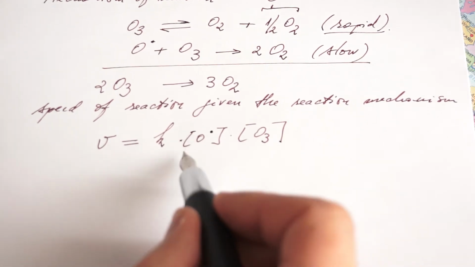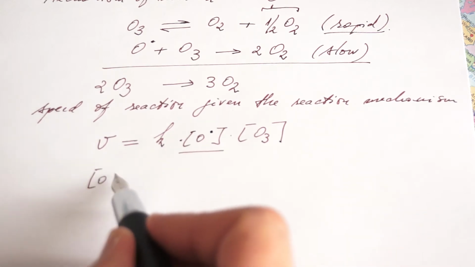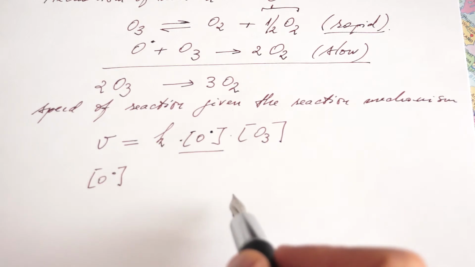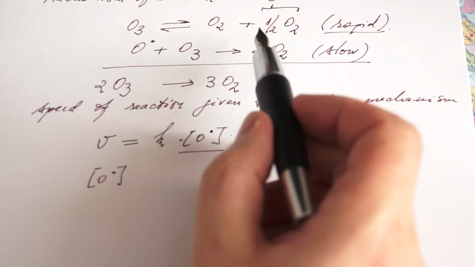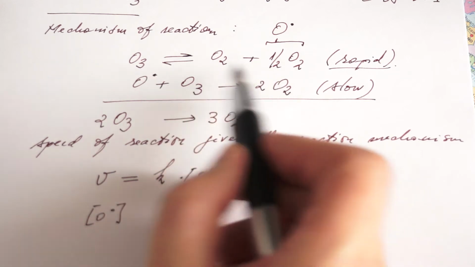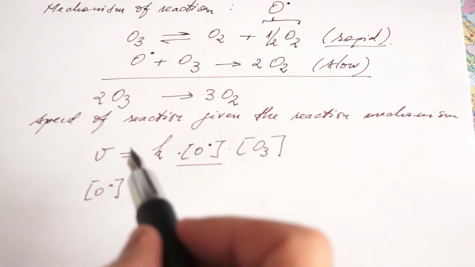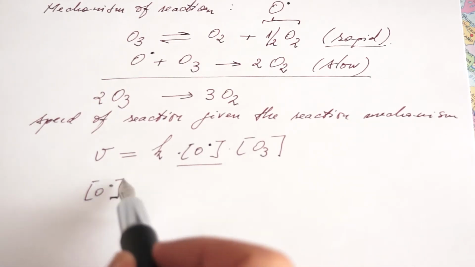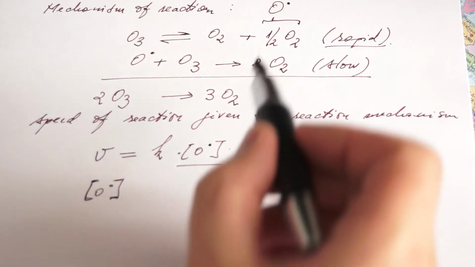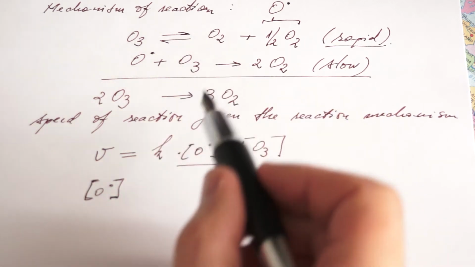Now, the concentration of the oxygen radical can only be calculated from how fast it's produced in the first rapid equilibrium reaction. So in order to calculate this, we are going to use the equilibrium constant of this reaction.